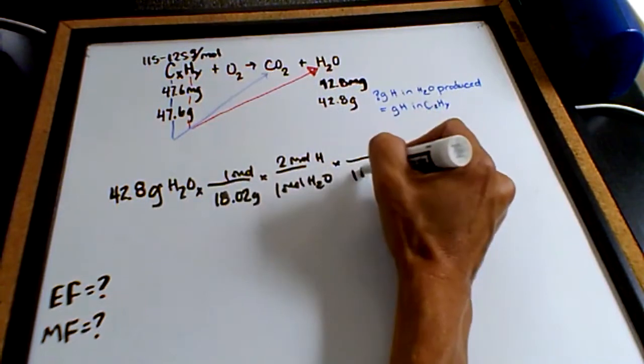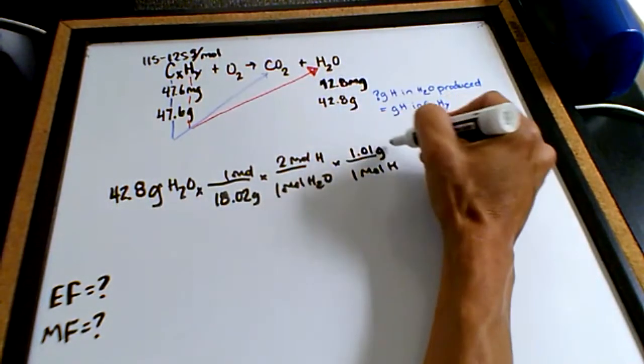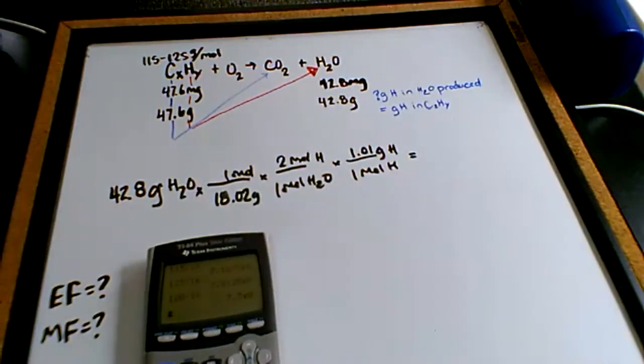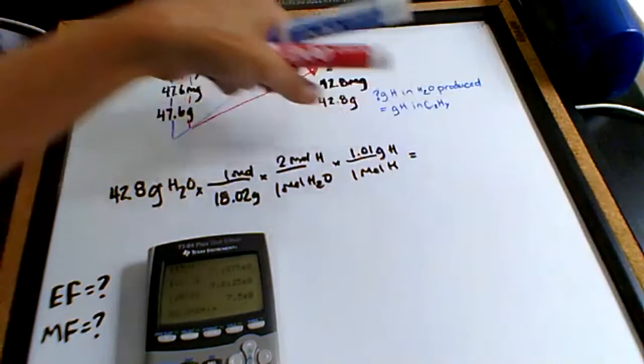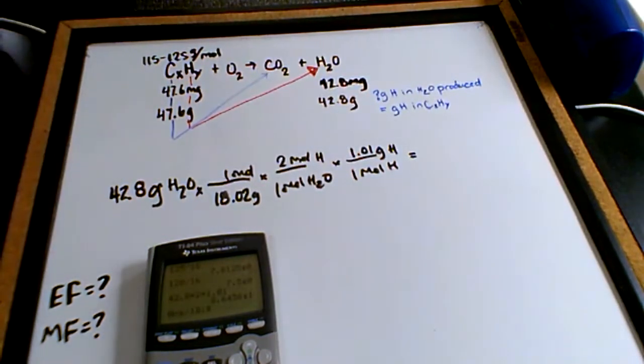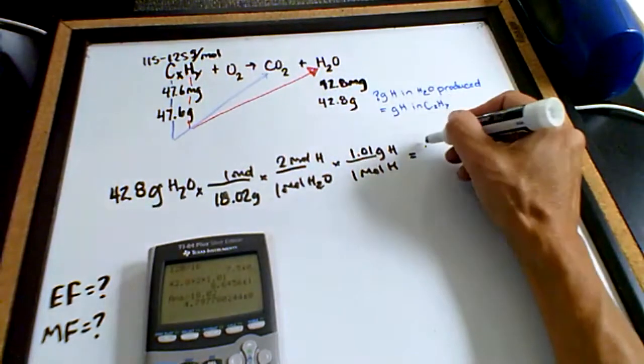And I know that 1 mole of hydrogen is equal to 1.01 grams of hydrogen. And if I bust out my calculator and say 42.8 times 2 times 1.01, divided by 18.02, it looks like I have 4.